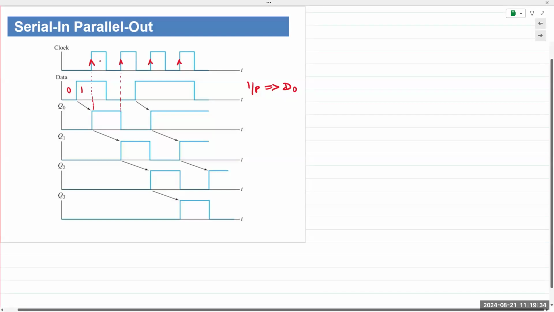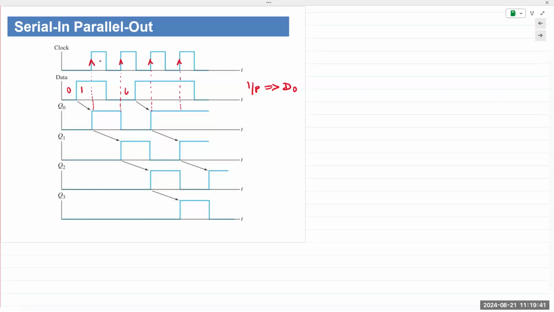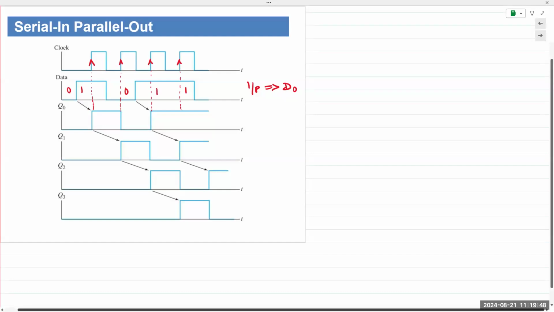It's the positive, positive, and positive. So it's 1, and then here it's 0, here it's 1, and here again it's 1. Okay.